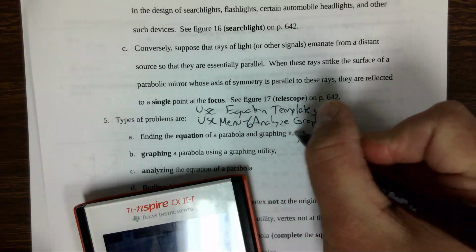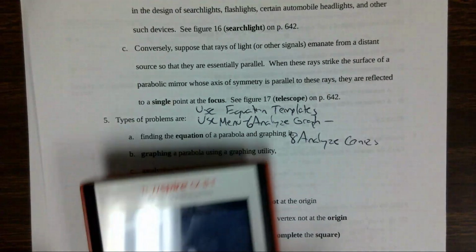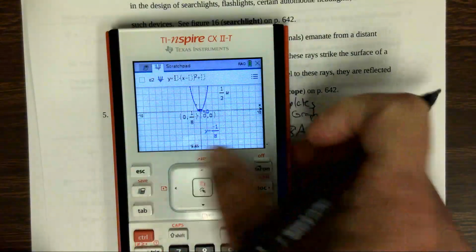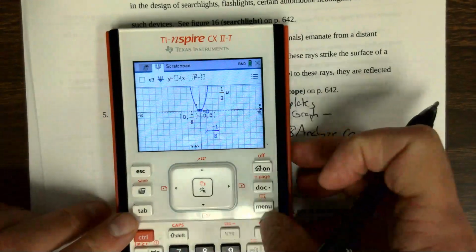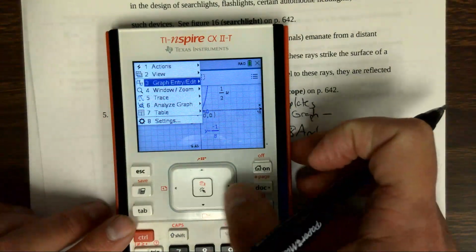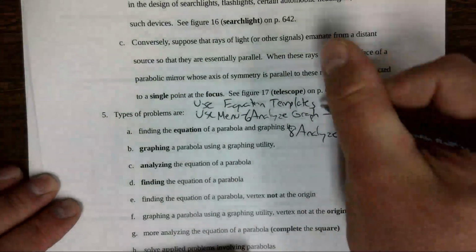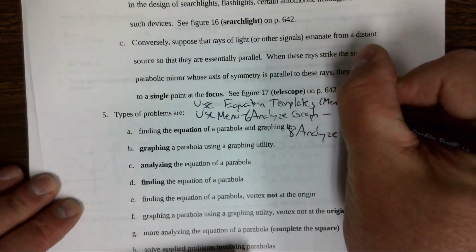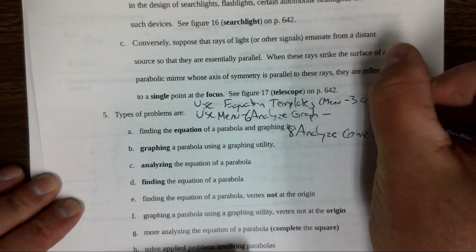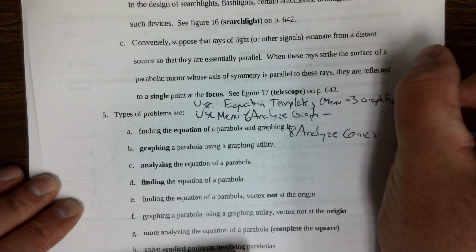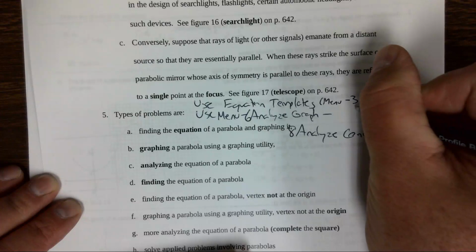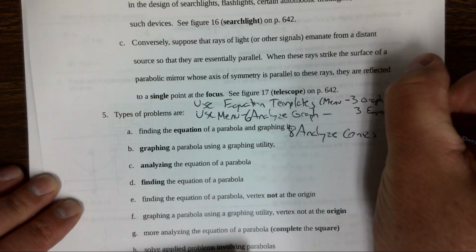So that was 6 and 8. And equation templates was, if you do 3, then 3. Menu, 3 for graph entry, and 3 for equation templates.